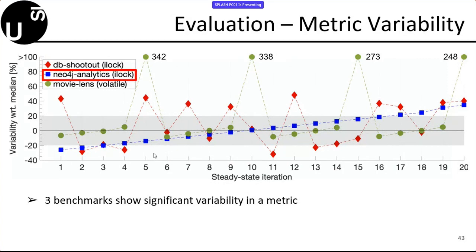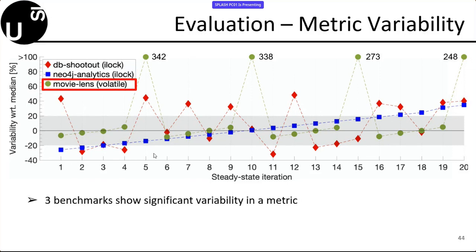Regarding neo4j, we also find a variation from this range in some iterations, but this time the trend is different. In particular, here we can see a constantly increasing trend where the amount of lock acquisitions starts from a value of minus 25% with respect to the mean in the first iteration, and then constantly increases up to reach a value that is around 35% with respect to the mean.